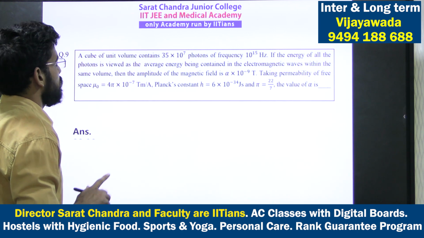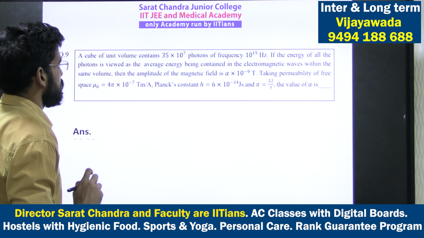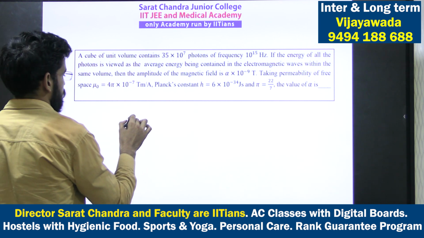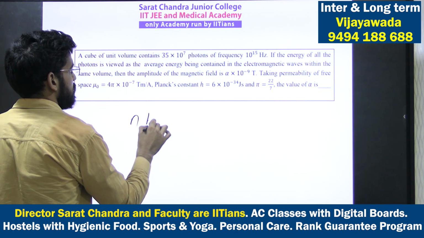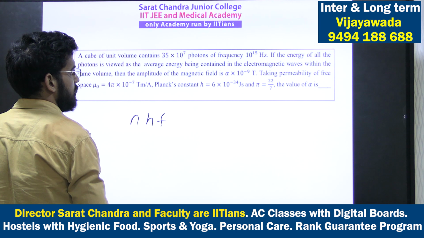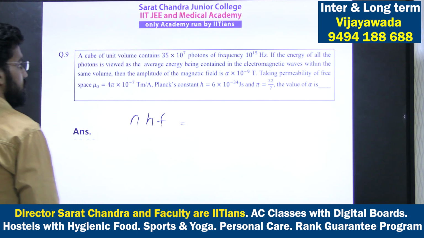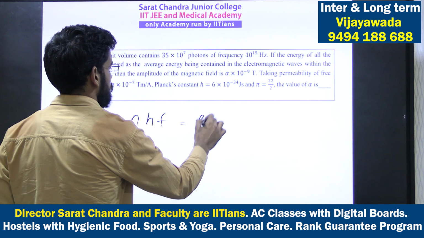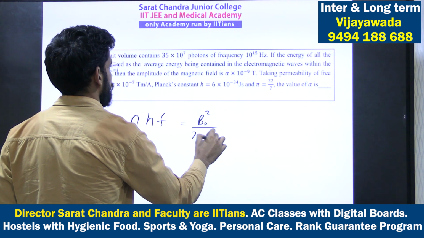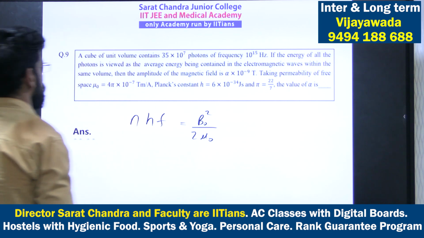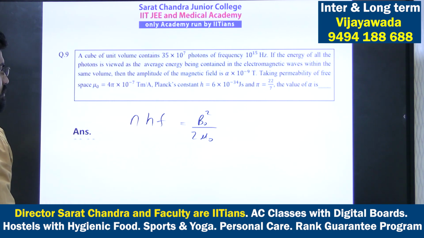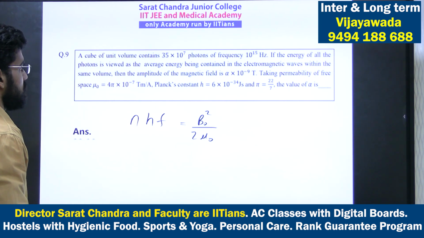So unit volume contains n photons of h into f. This energy is equal to the magnetic field energy, so you can write down B naught square by 2 mu naught, permeability. That's it.